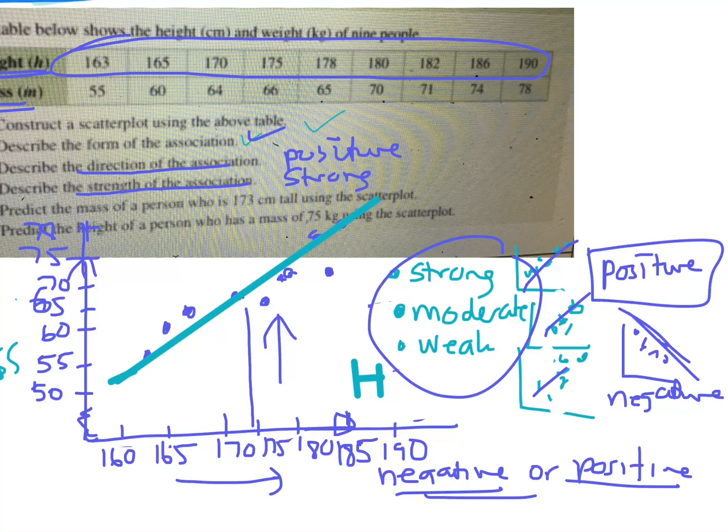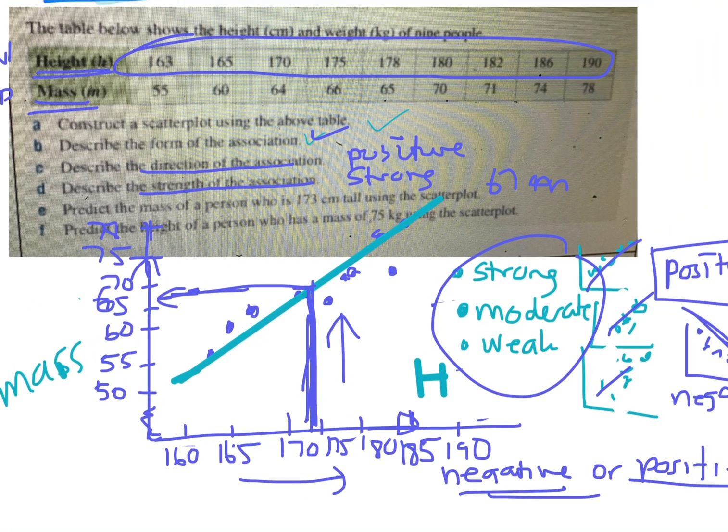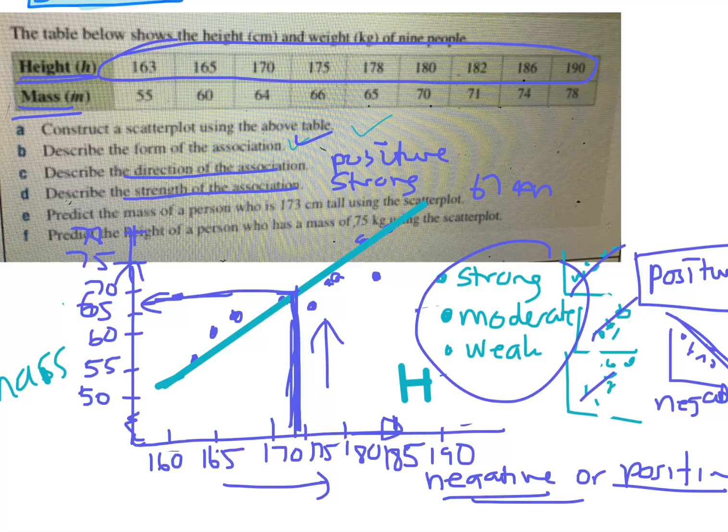That's somewhere here, and if you come over here, I'd say maybe about 67. Mass in metres? Oh, what does it say? Oh, kilograms, there it is up there. I thought that was a mistake, but it's not.